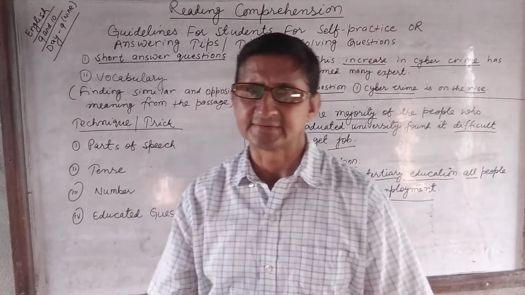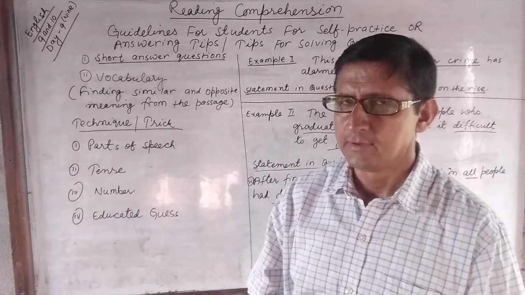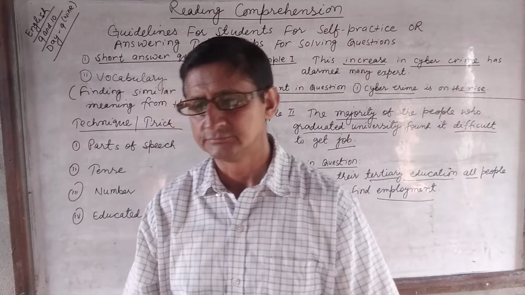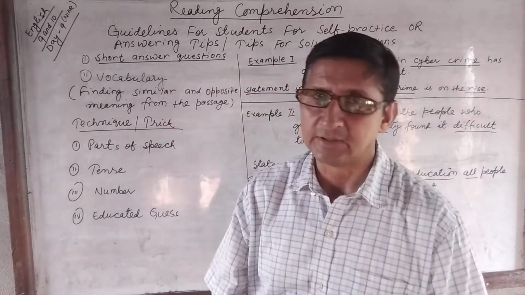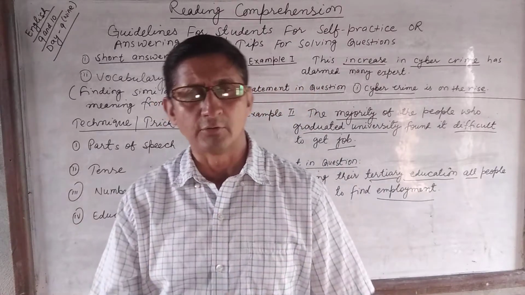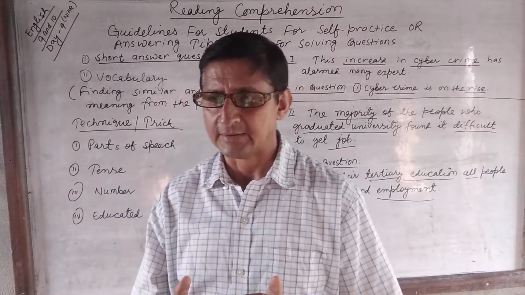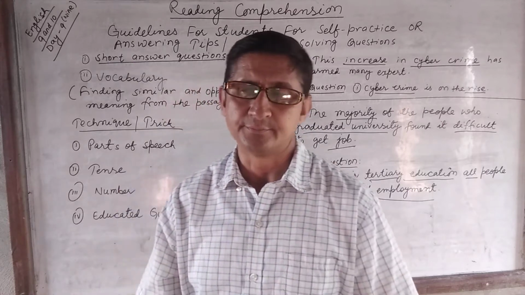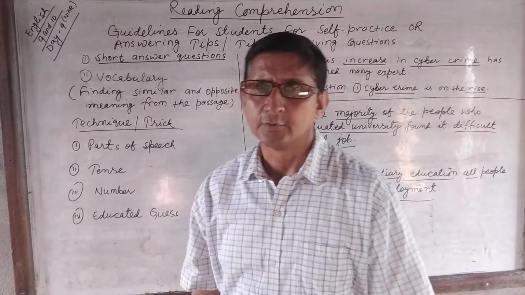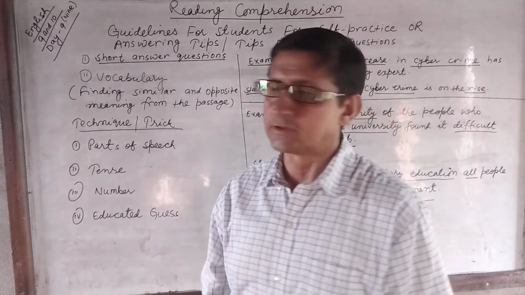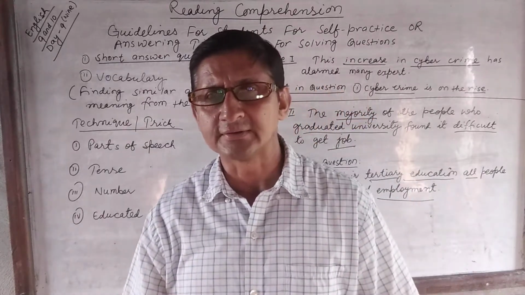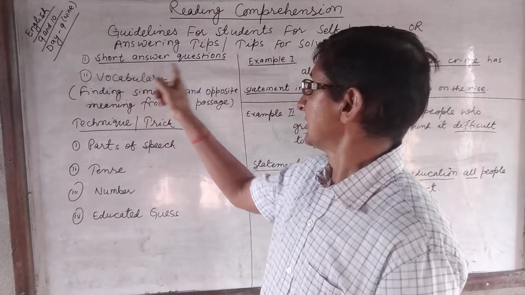If the question starts with how far, you have to find out the distance. For the question how long, you have to find out the length of something. For the question of how long, you have to find out the length of time. In this way, we write the answer of yes/no questions and answer of WH questions under short answer questions.